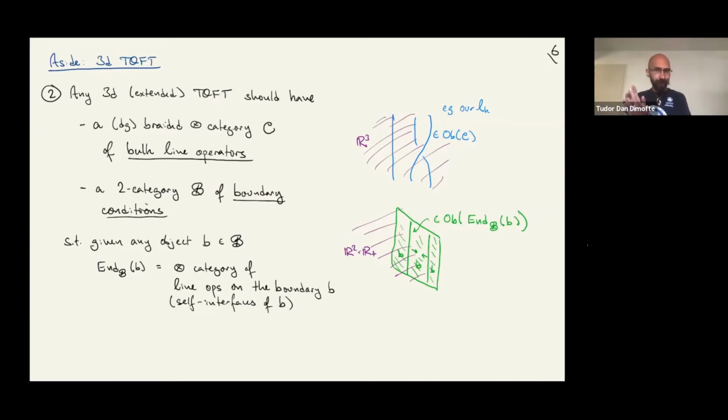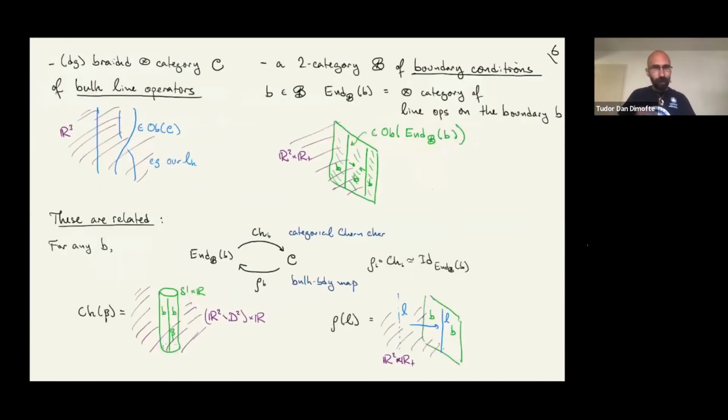And it's a tensor category just because these self-interfaces can be collided with each other. And that's the tensor product. There are 2 operations that relate line operators in the bulk and line operators on the boundary. Given a bulk line operator, one can bring it to any boundary condition. There's a bulk boundary map.